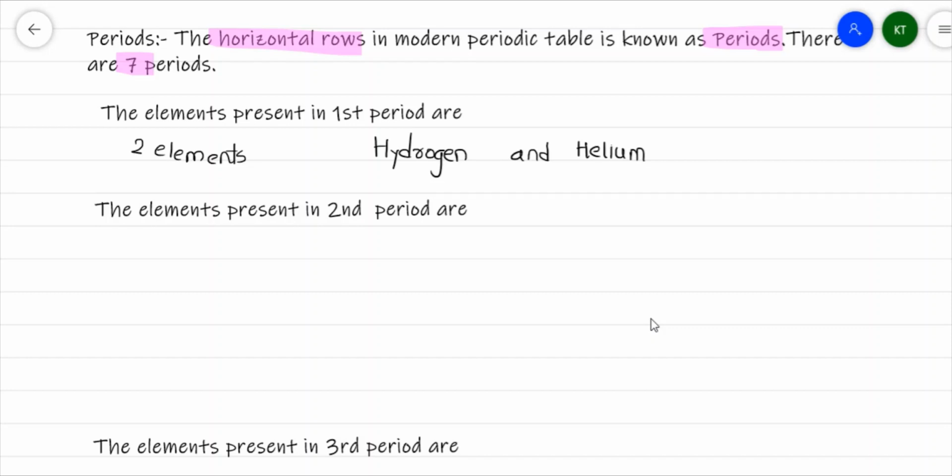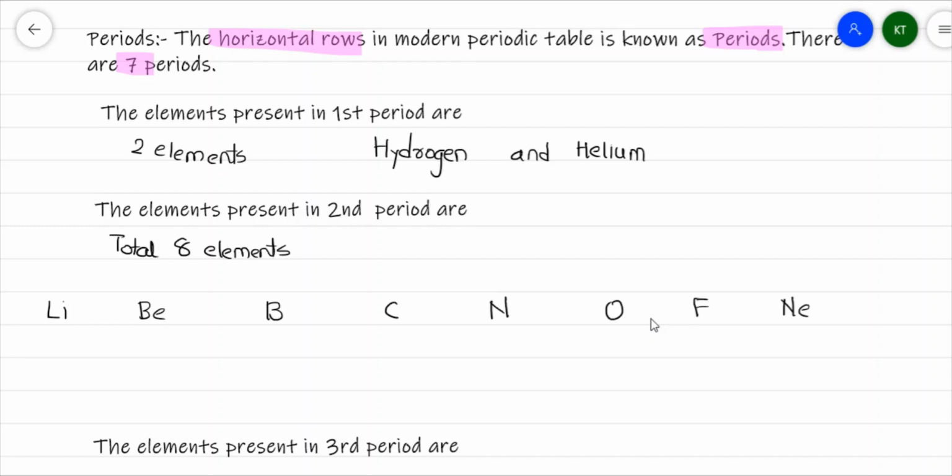Then the second period has a total of 8 elements. Those 8 elements start with lithium, then beryllium, boron, carbon, nitrogen, oxygen, fluorine and neon.